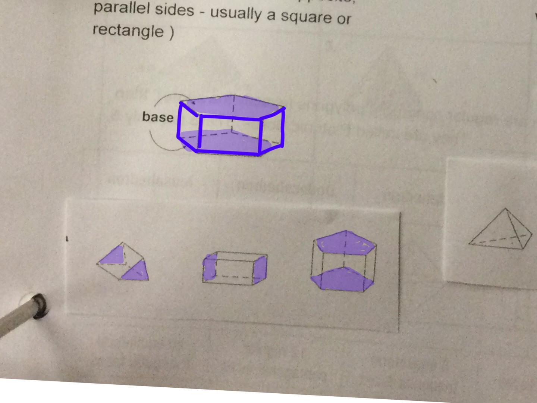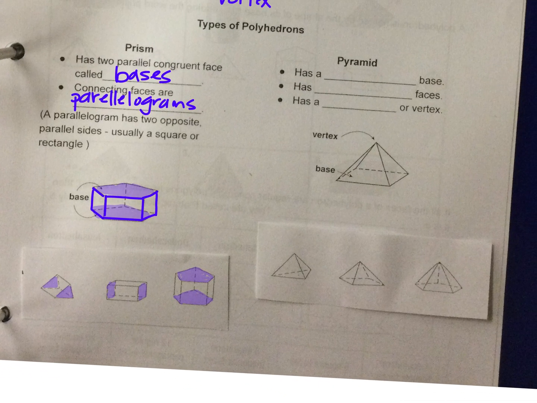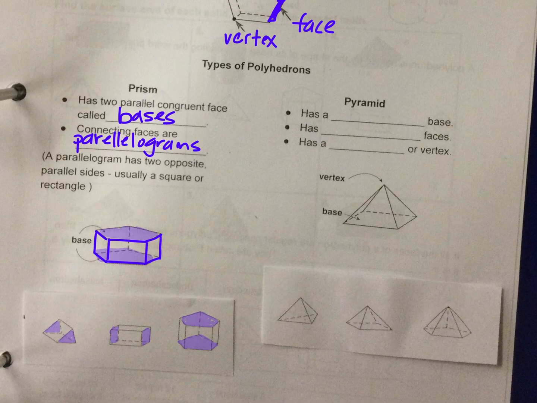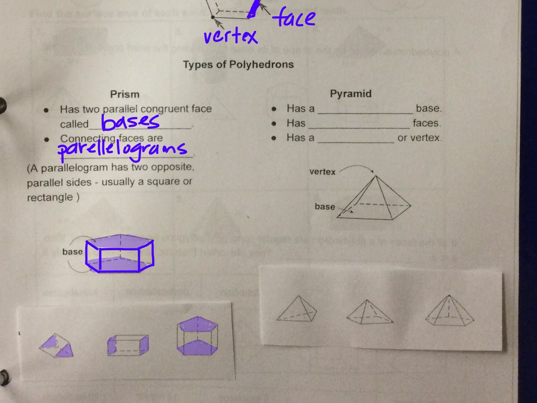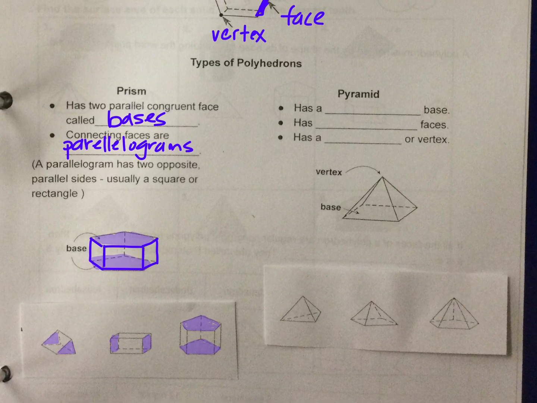Let's talk about a pyramid and compare the difference between a pyramid and a prism. A pyramid has a polygon base and has only one. All its faces are triangles, and it has a point, or a peak vertex.